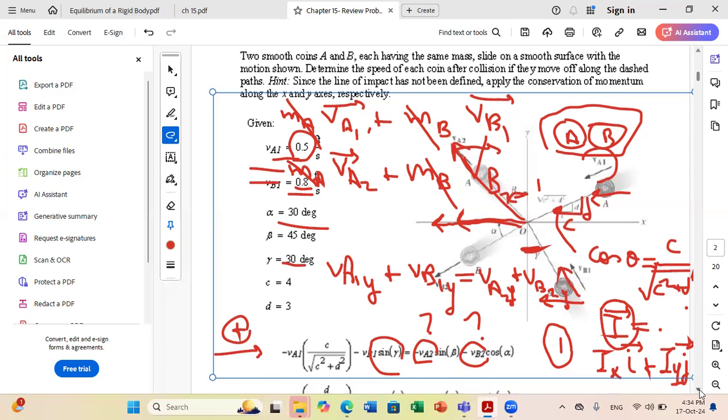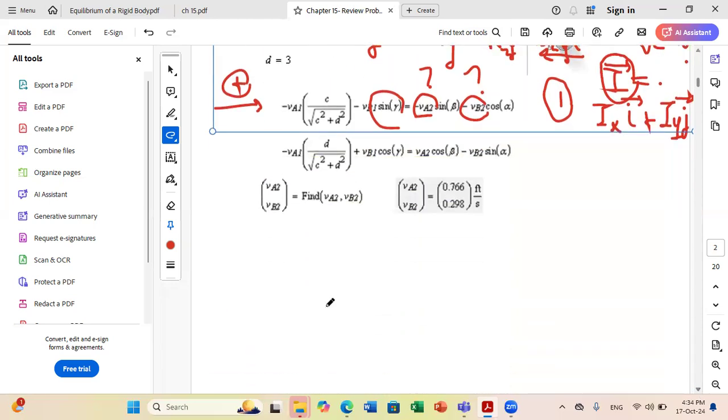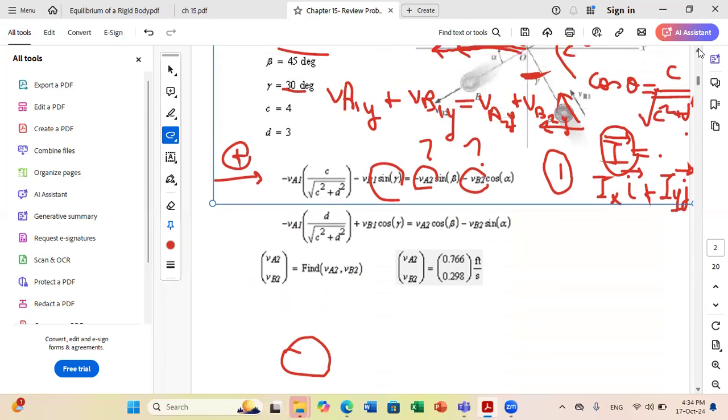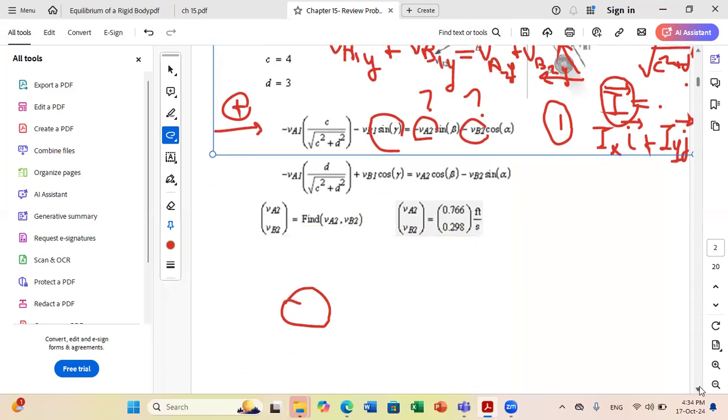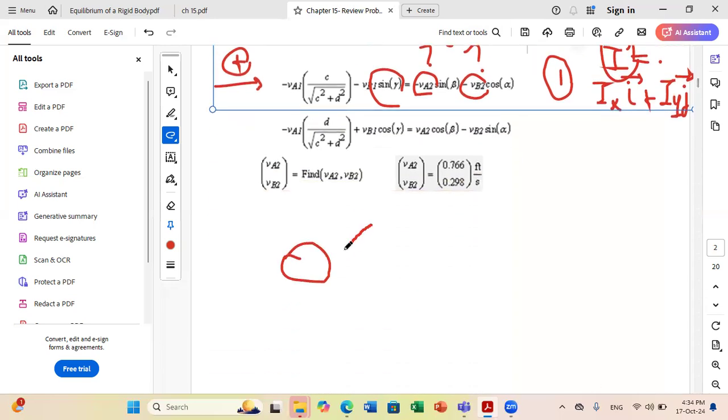So if I take A alone, for example, now I know the initial and final velocity. If you look at the figure, I have everything. I know VA1 magnitude and direction, and VA2 magnitude and direction. So let's say this is VA1 and this is VA2, and I know them completely.